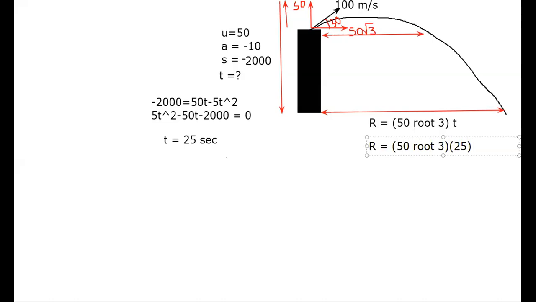So it is something around 2165, the total range, 2165 meter. Yeah, Daksha, you're correct. Or else you can also call this answer as 1250 times root 3 if you keep the root value same.